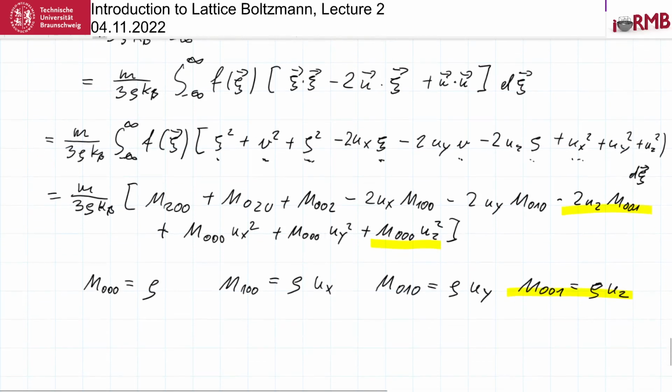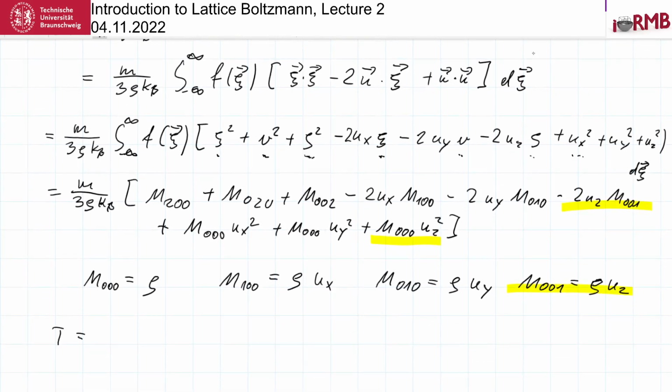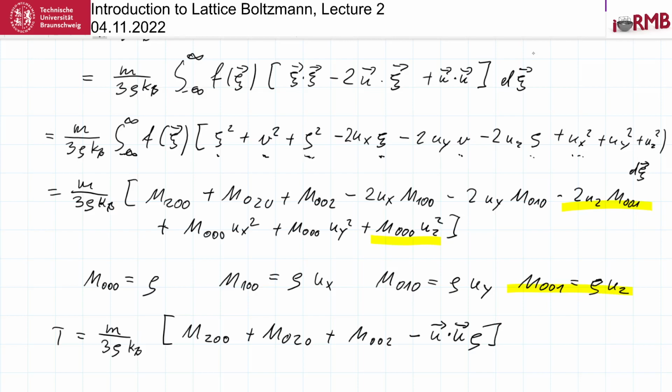So let's see what is coming out. We get m divided by 3 rho Boltzmann constant. What is left is M200 plus M020 plus M002, and the rest we can actually get together as, again, a vector product with itself, so all the components times rho.